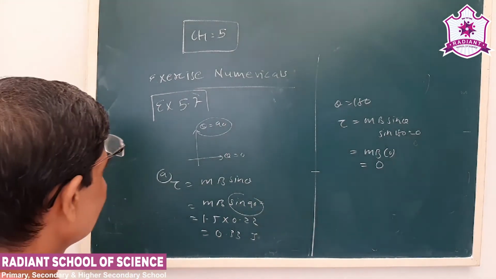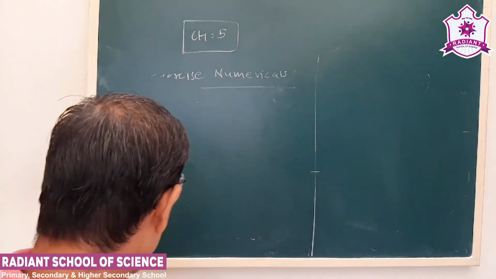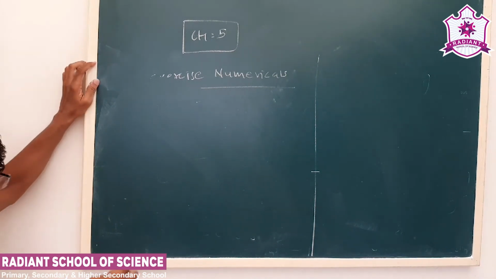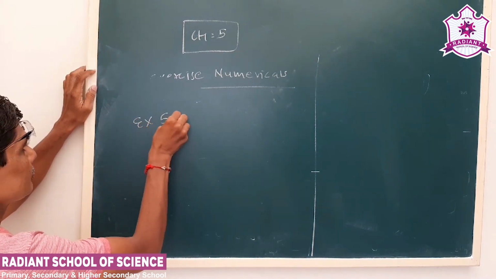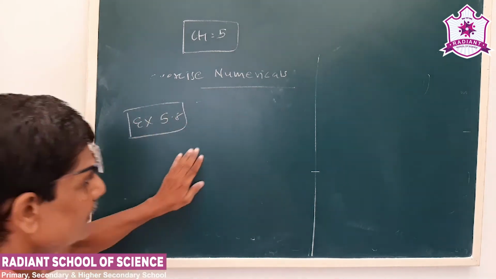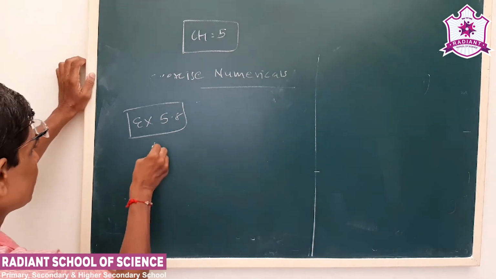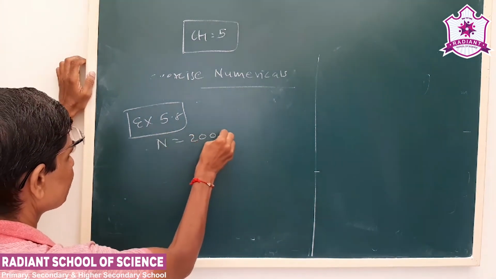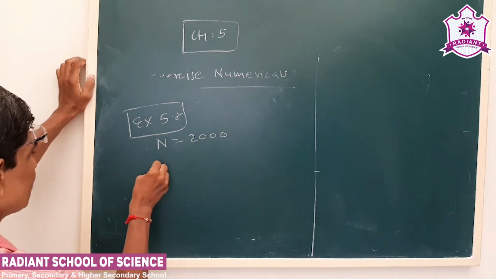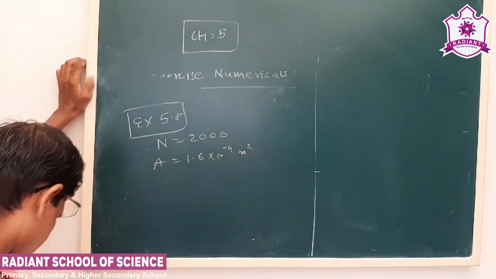Now this is about exercise sum number 5.7. Now exercise sum number 5.8. A closely wound solenoid has number of turns given as 2000. Area is 1.6 into 10 to the minus 4 meter square.